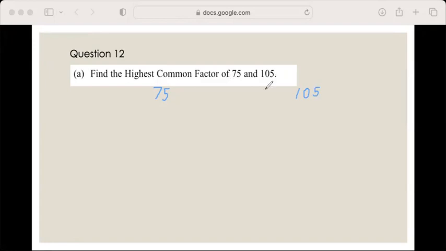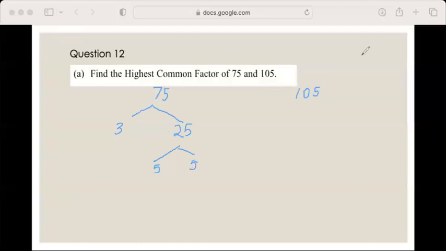Right, so 75 and 105, when we factorize them, 75 is 3 times 25, and 25 can be 5 times 5.